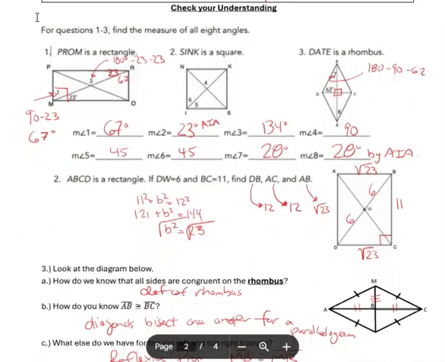Now, using all this information, we're going to try to find out what these missing angles are. So angle 1 is going to be 90 minus the 23. That gets you 67. The other one, you could either use alternate interior angles to find out that it's 23 degrees, or you don't have to.